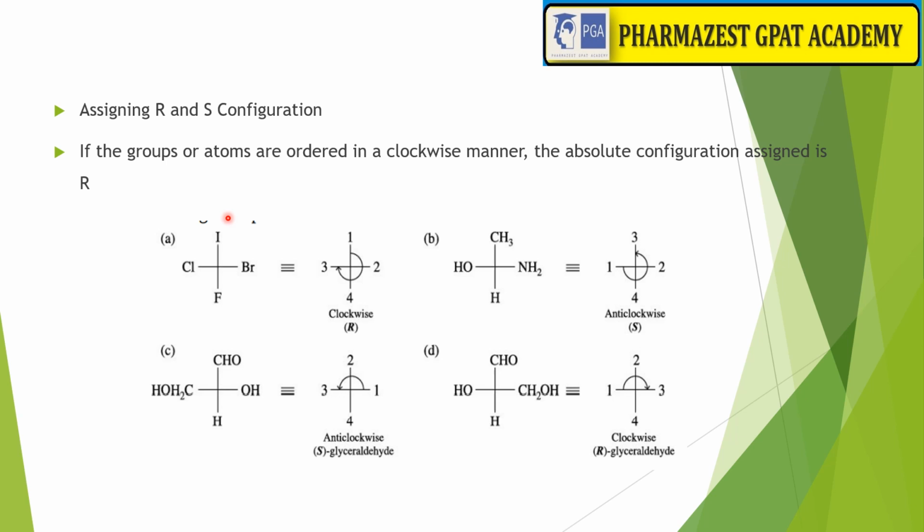That is, the highest atomic number atoms are given the highest priority, and lower atomic numbers are given lower priority. Okay, if these groups or atoms are ordered in a clockwise manner, the absolute configuration assigned is R. Okay, as I told earlier, clockwise rotation is R and anti-clockwise is S. See here, for example, iodine is highest, next bromine, next chlorine.